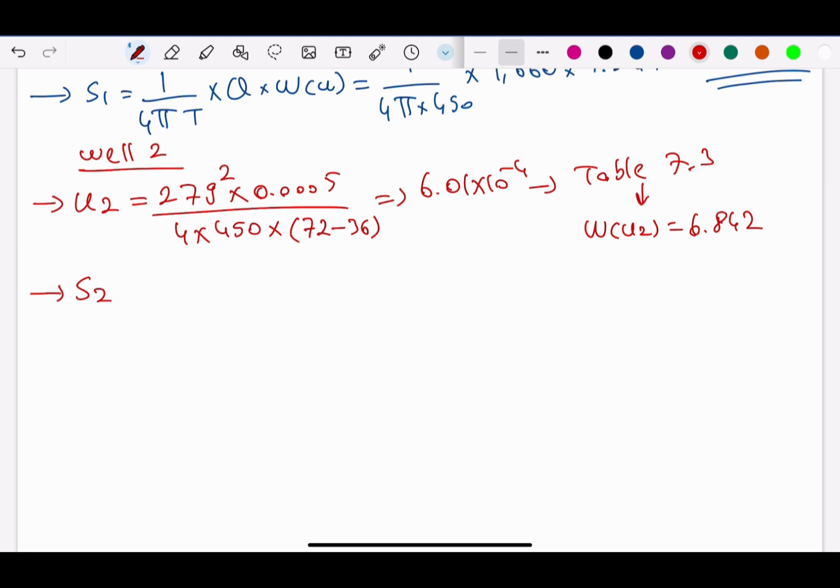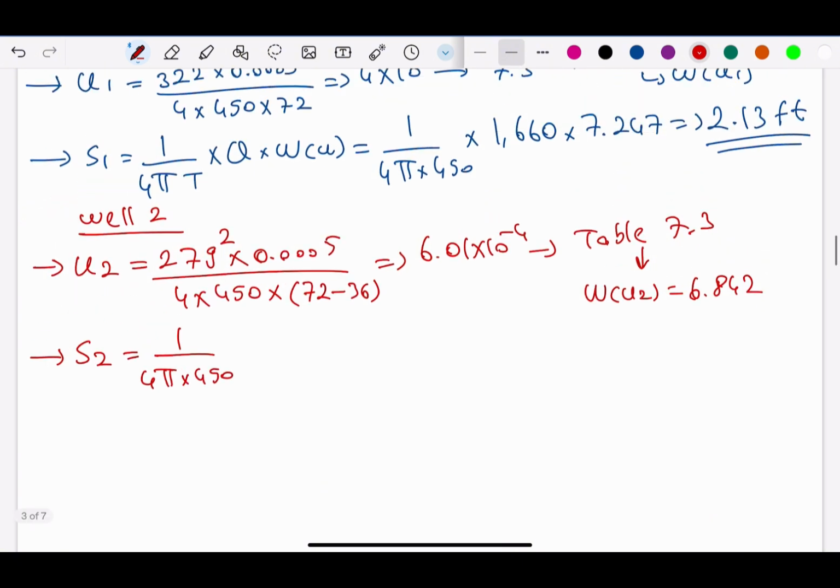Similarly, we are going to use the drawdown equation, and the flow rate is the same. The only difference is a different well function. And here, S2, which is the drawdown from the second well, is 2.01 feet.